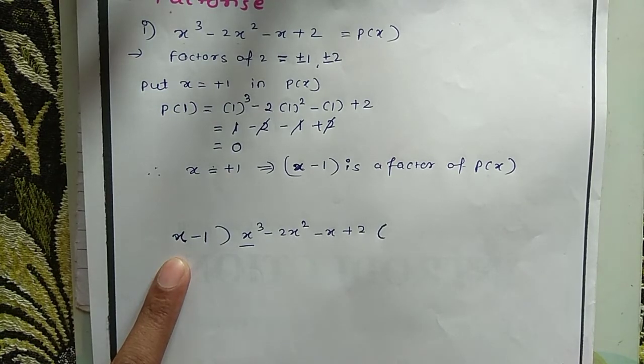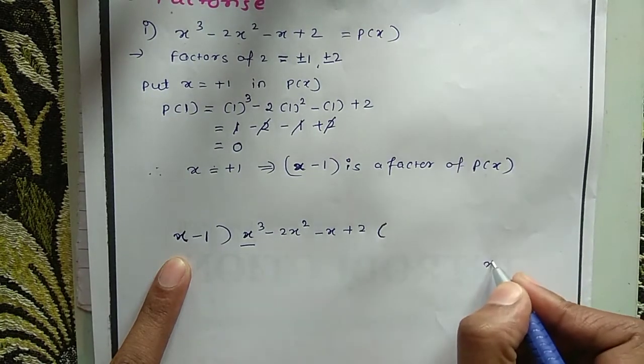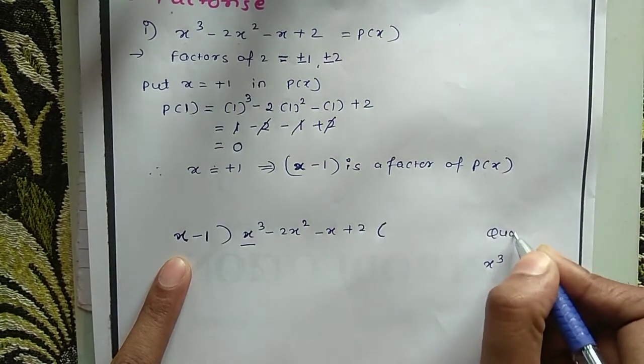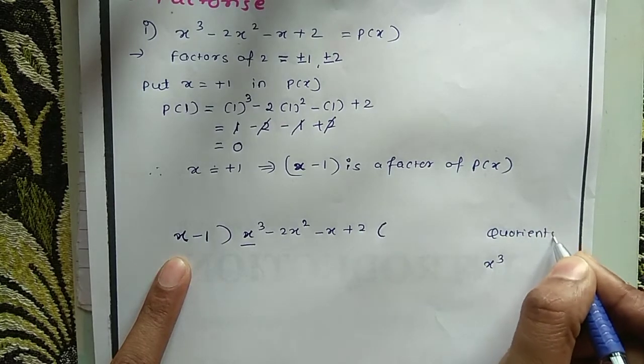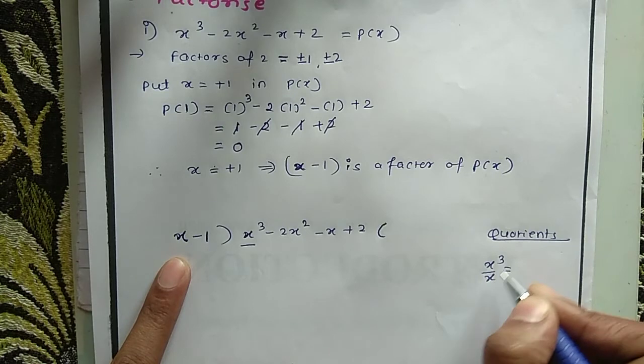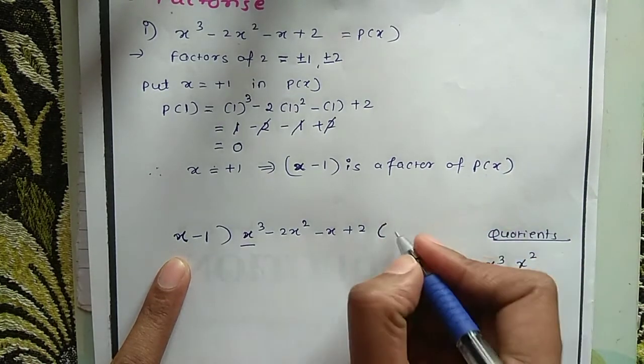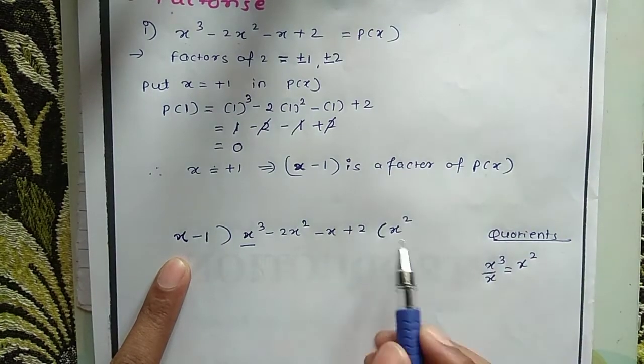But instead of thinking so much, just take the dividend term x cube and divide it by the divisor term x. So x and x get cancelled, giving x square. So x square is a suitable quotient for the first step.